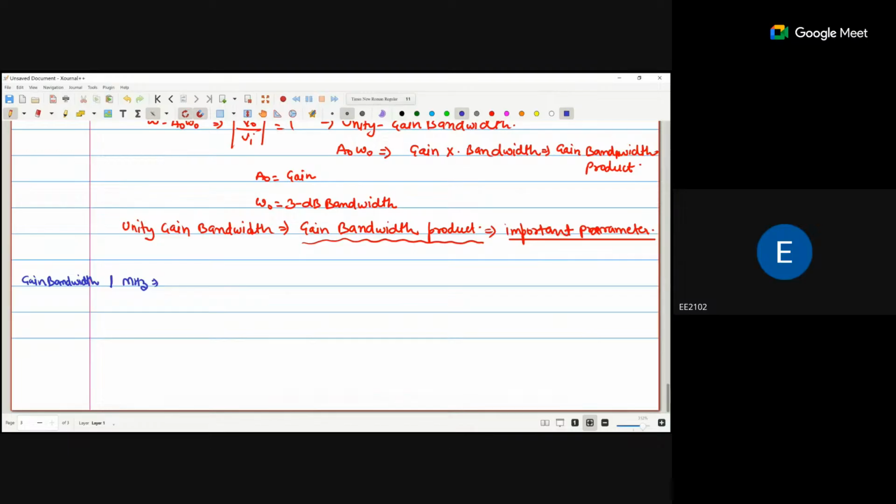That means if I am using the operational amplifier up to 1 megahertz, it will provide me V out upon V in as 1. If I am using up to 500 kilohertz, it will provide me 2. If we are talking about 250 kilohertz, we are having the gain of 4.